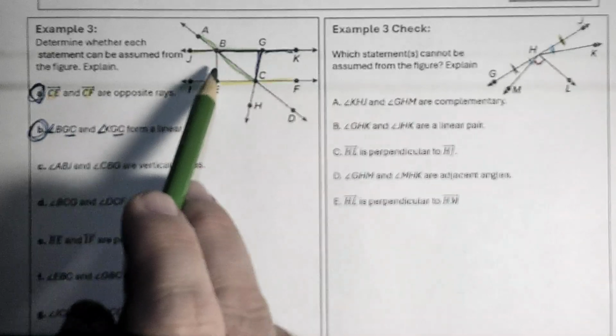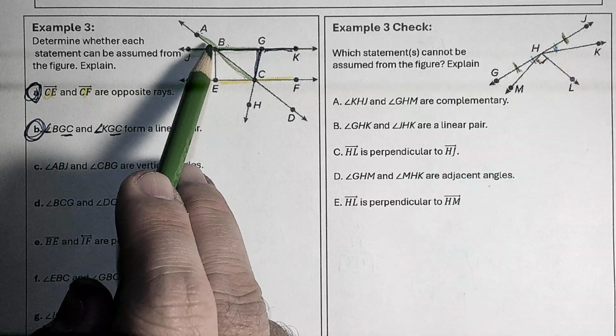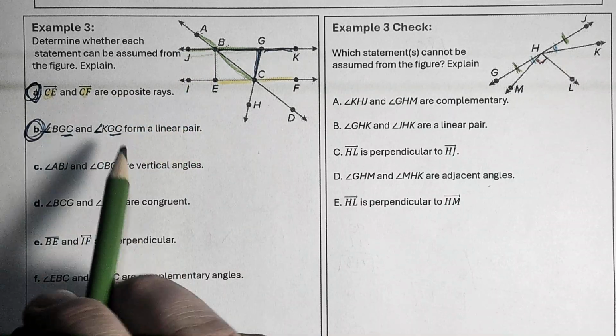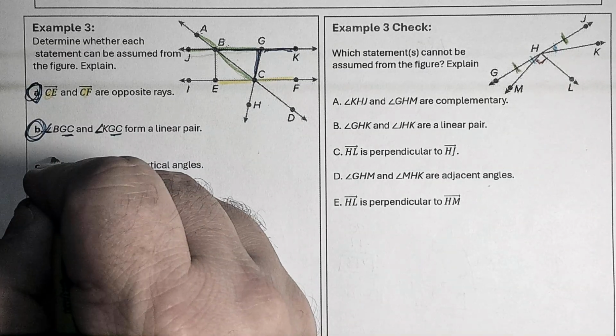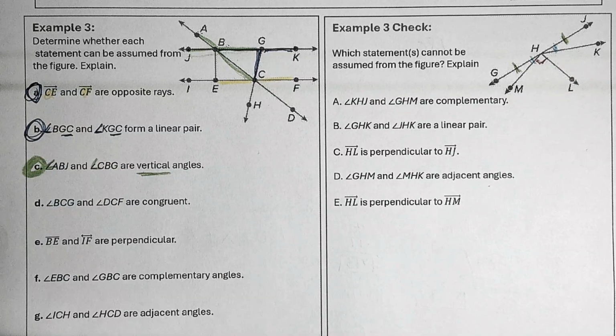Whenever we got focus, so we have two lines that make an X. These are opposite sides of each other, so they are vertical angles. So let's just do this, and that is also good.